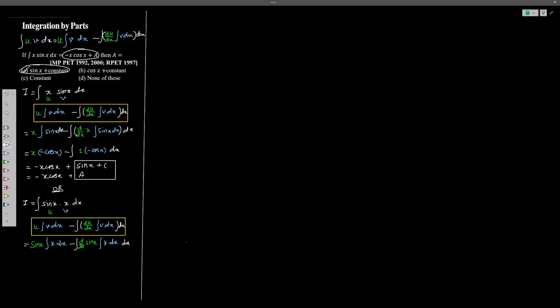I applied the formula, any problem? Okay, so your answer will be sin x, integration of x will be x square by 2, minus integration of differentiation of sin x which is cos x, and integration of x which is x square by 2, dx.